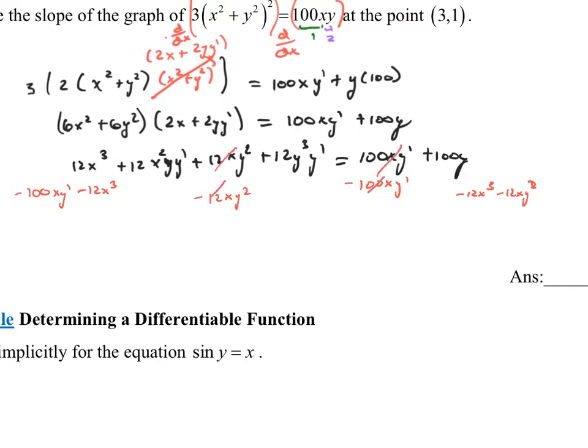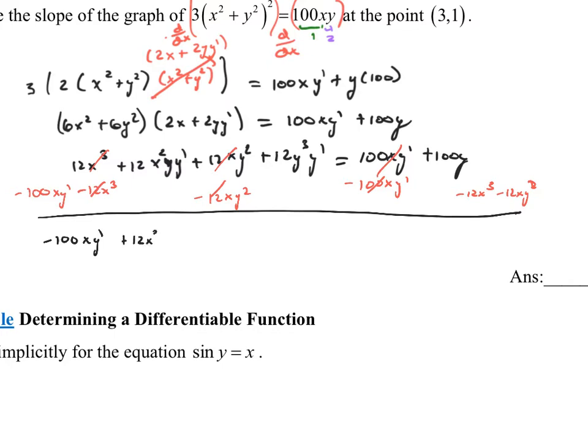So I'm going to cancel these out. And let's see what we end up with. On the left, I have minus 100x y prime plus 12x squared y y prime plus 12y cubed y prime. And then on the right, what do I have? Looks like I have 100y minus 12x cubed minus 12xy squared.